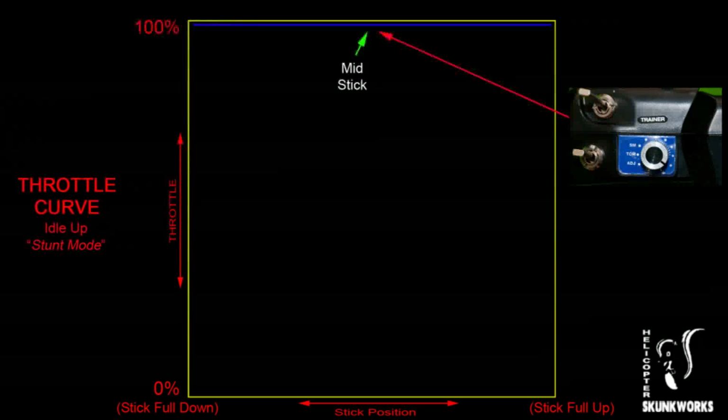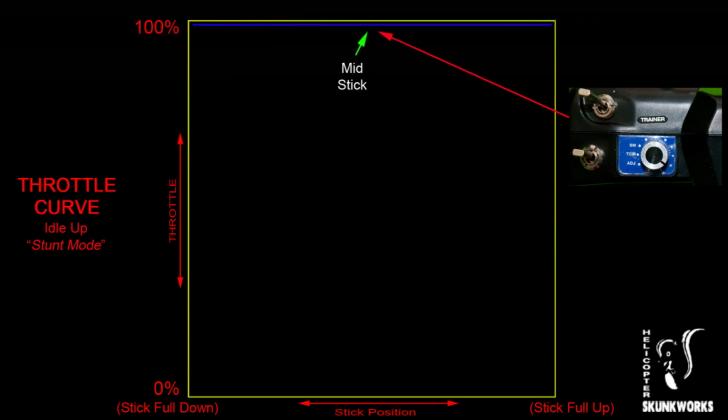We have a flat throttle curve. That means that whether you're at mid-stick or full negative pitch or full positive pitch, your output from your motor is the same. And once again, I'm not sure of the exact numbers. I do believe when you have it turned all the way to the right, that you are at 100% or very close to 100% output, even at mid-stick.